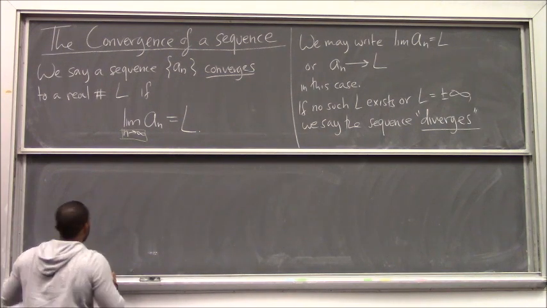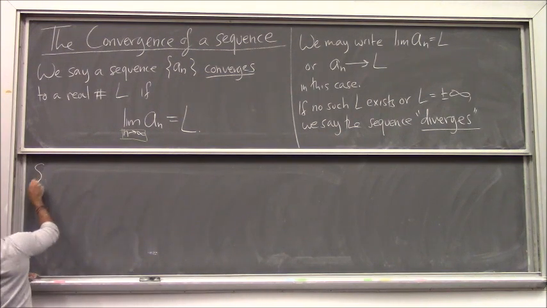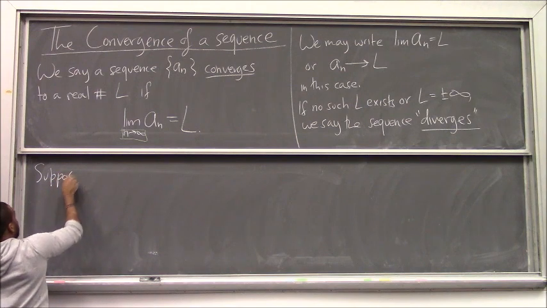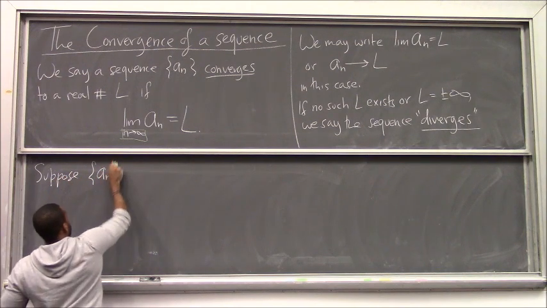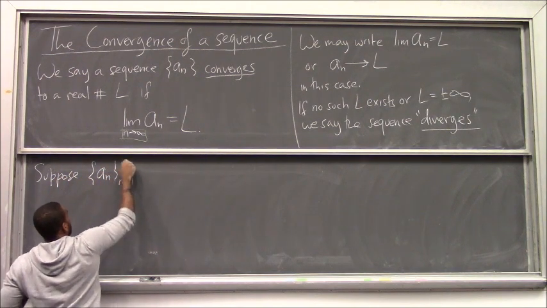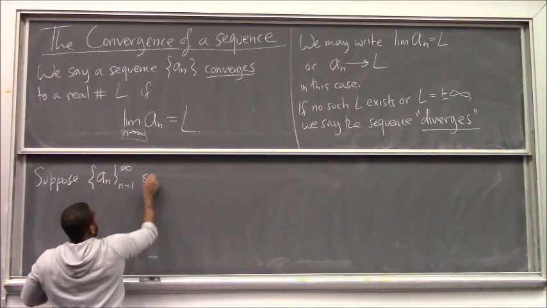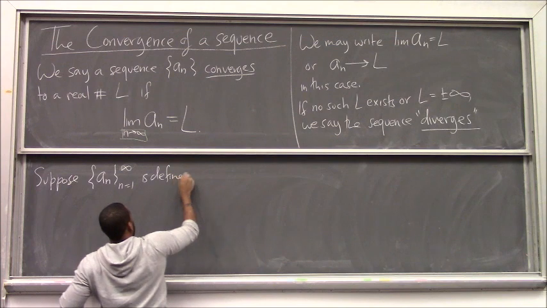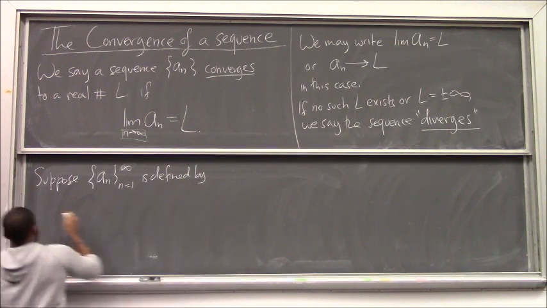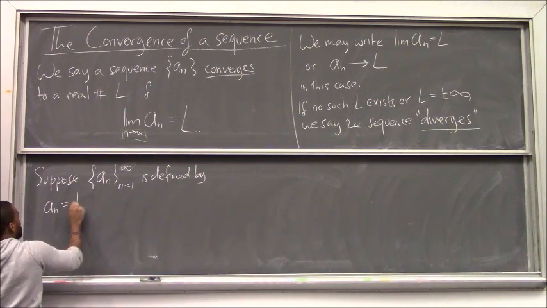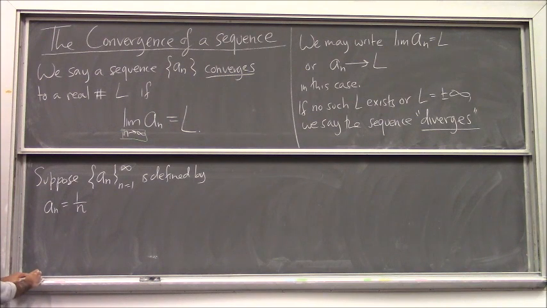Now why is that? Let's see. Let's do some examples. Suppose I have an infinite sequence defined by each term given by this expression, a_n = 1/n. Now I can ask, does this sequence converge?